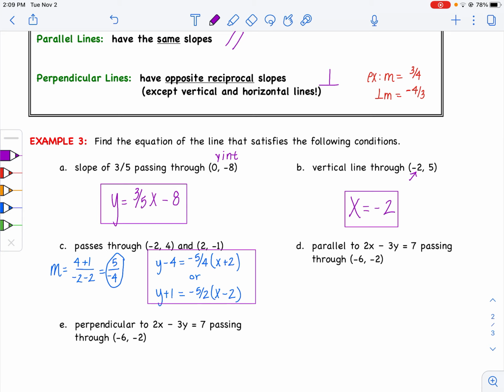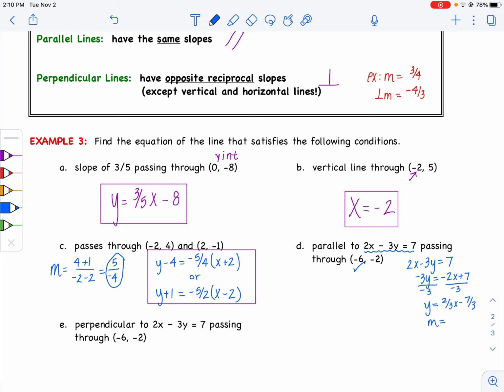Part D says parallel to this line and passes through a point. Well, okay, I'm given a point, so that's good, but I need to find a slope. So this is in standard form. I'm going to change that into slope-intercept. So I'm taking this, changing it into something I can read, to find my slope. So y is going to equal 2 over 3x minus 7 over 3.